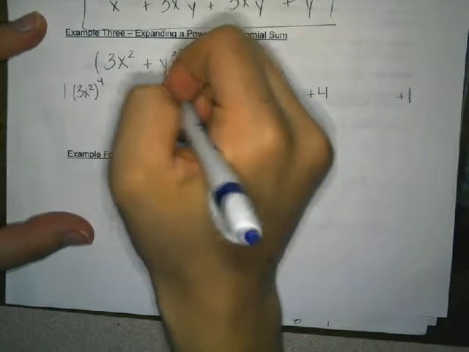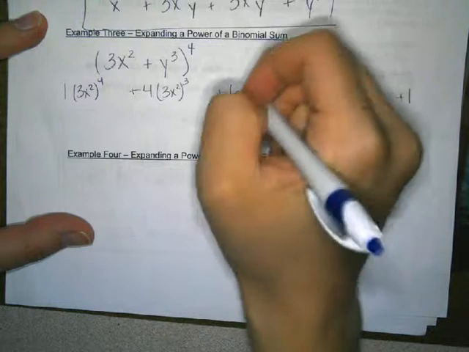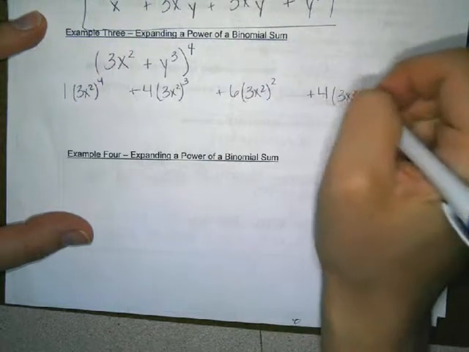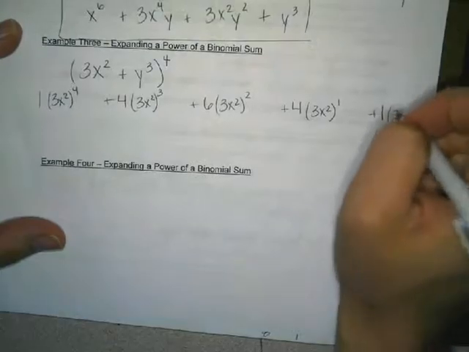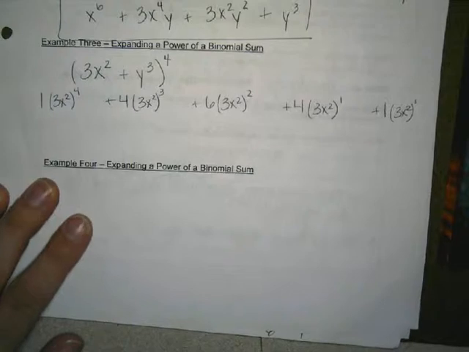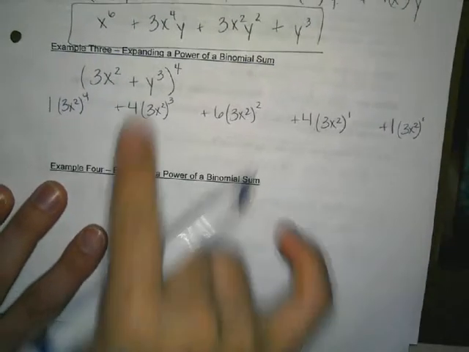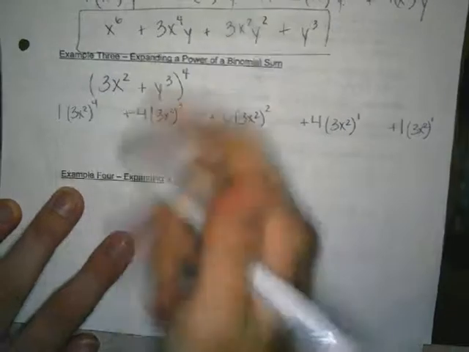And then cubed in my second term. Just write the same thing, basically, just decreasing exponents along the way. And then your second term, your binomial will increase in exponents.